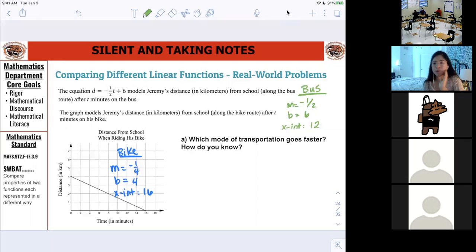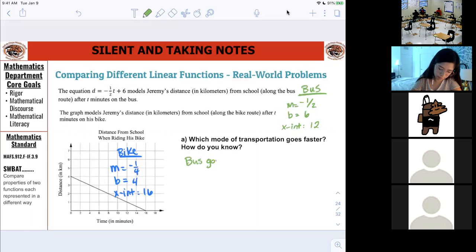Think about what those numbers actually mean. The bus goes faster. How do I know this?